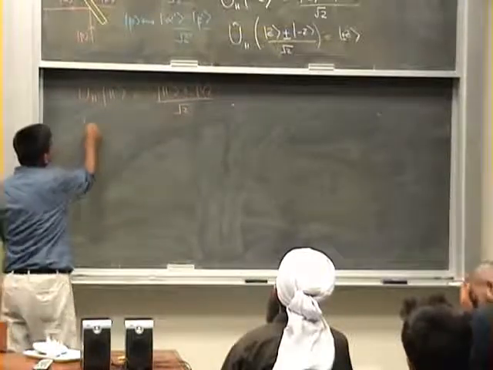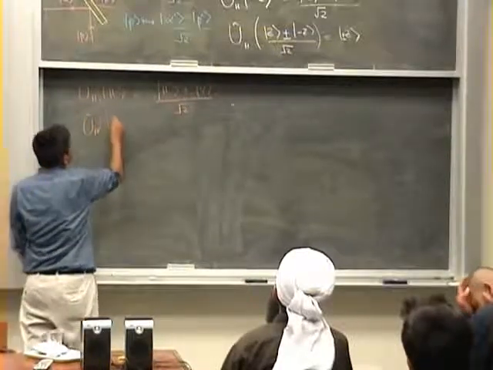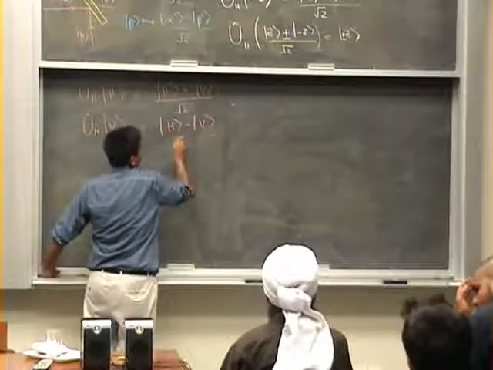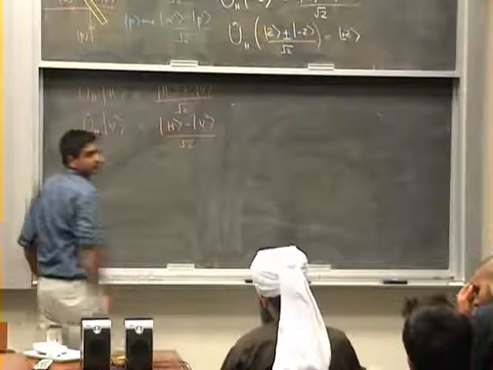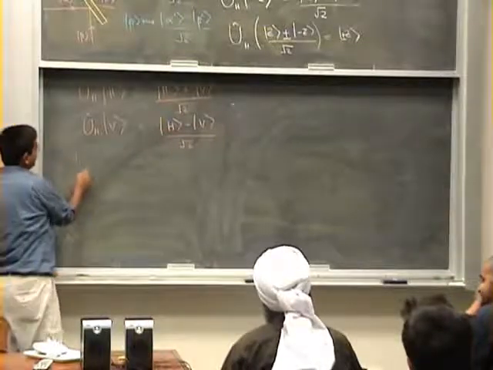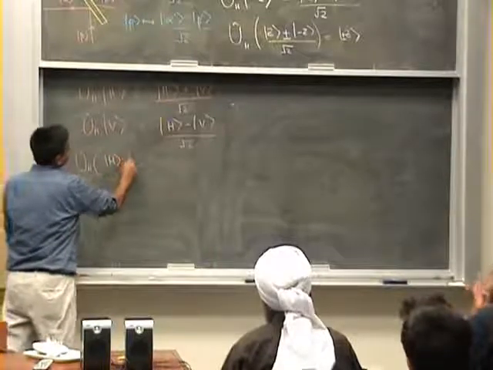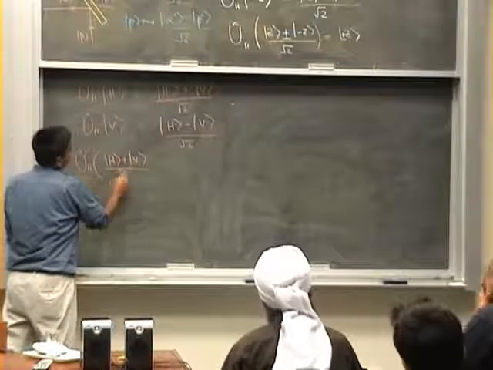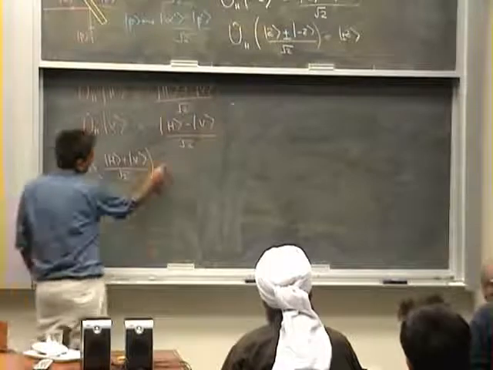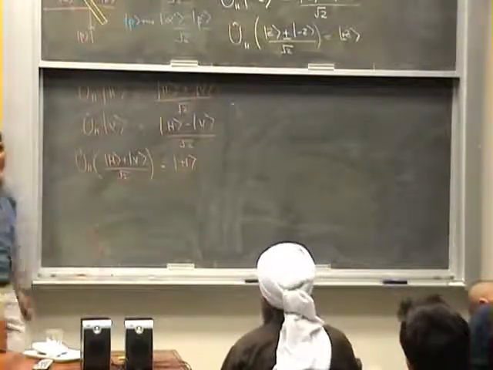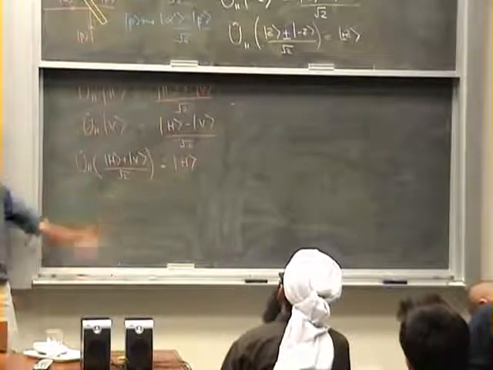A Hadamard gate acting on the orthogonal state V gives you ket H minus ket V over root 2. What will happen if UH acts on ket H plus ket V over root 2? You get back ket H. Act on this, act on that, apply the principle of linearity, you get back ket H.